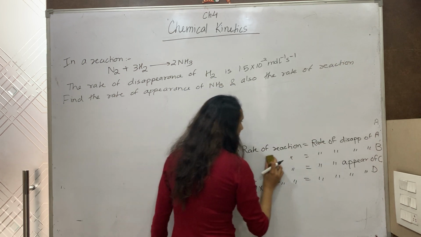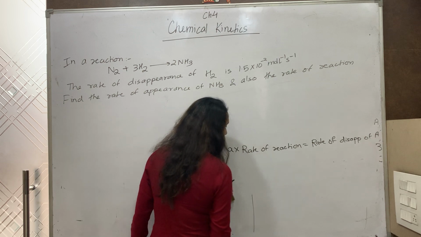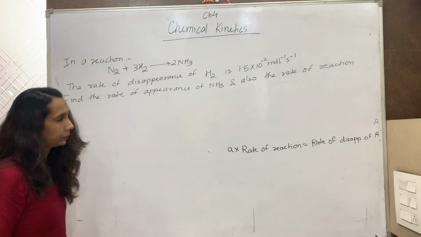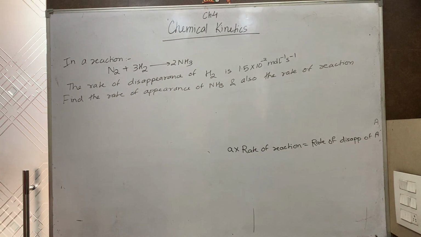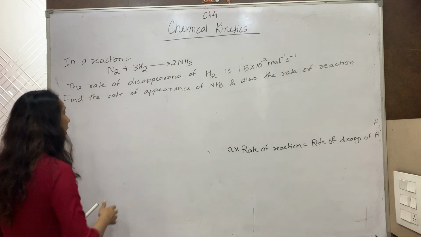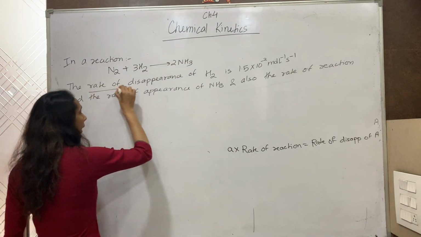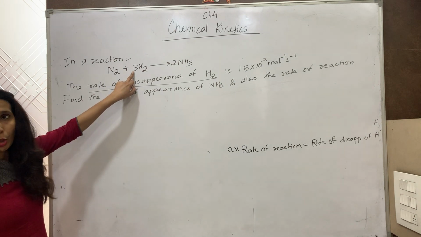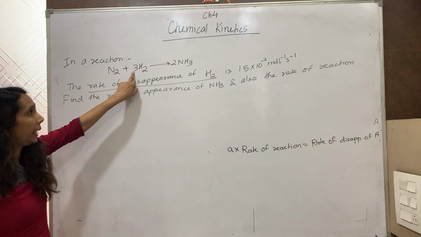Now we know the relationship between rate of appearance or disappearance and rate of reaction. You know, stoichiometric coefficient multiplied by rate of reaction is equal to rate of appearance or disappearance of a particular reactant or product. What is given in the question? The rate of disappearance of H2. The stoichiometric coefficient of H2 is 3.